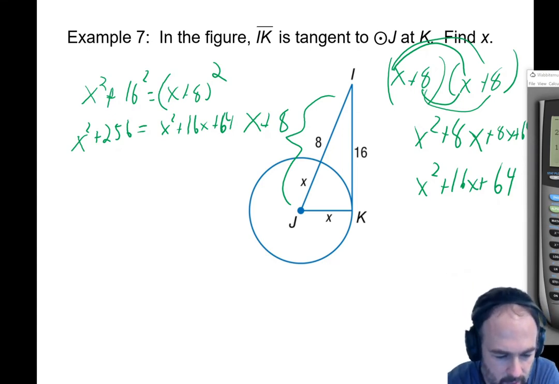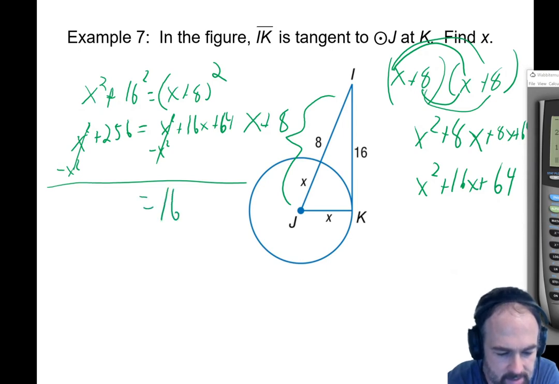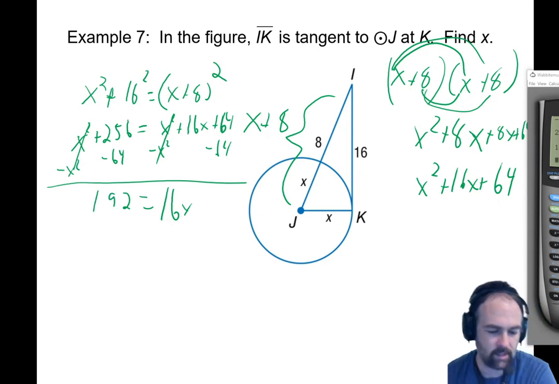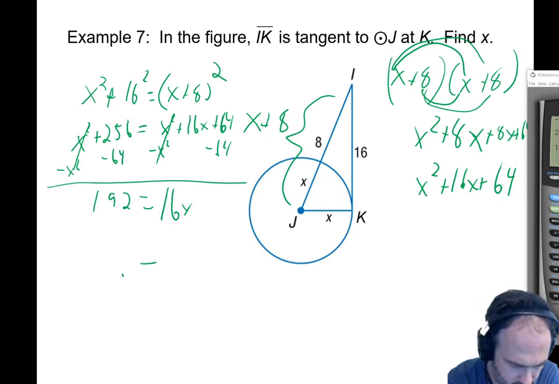I'm going to go ahead and subtract this X squared, meaning that those guys are going to cancel out. I'm going to leave the 16X here on the right, and I'm going to subtract 64 on both sides. That's going to leave me with 192. Now we're going to divide both sides by 16, leaving me with X. Stop disappearing on me.